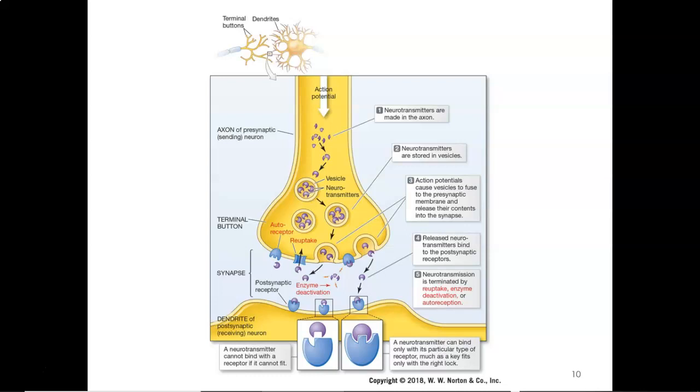When we engage in something that feels good, we have dopamine being released, and we'll talk about that in more detail later. So here we have our presynaptic neuron, the axon terminal, and we have the dendrite of the postsynaptic neuron. On this dendrite, we see receptor sites.